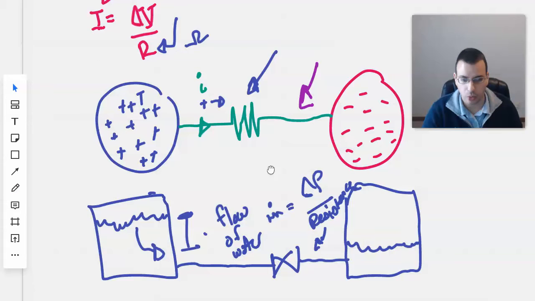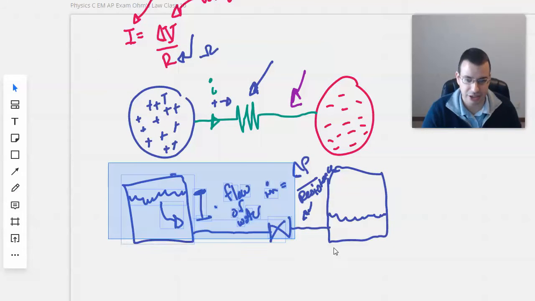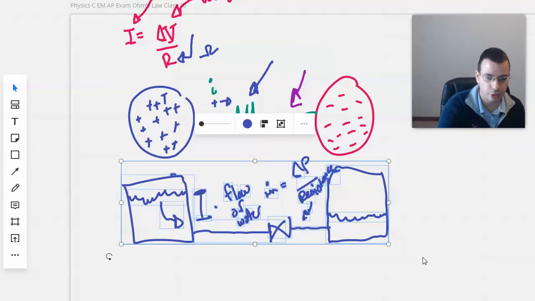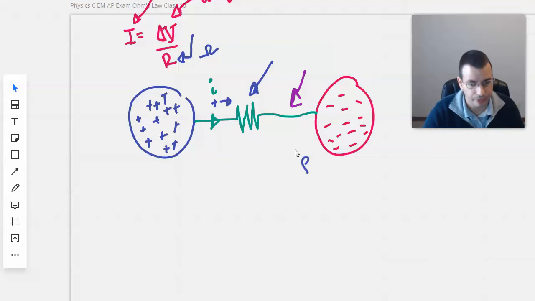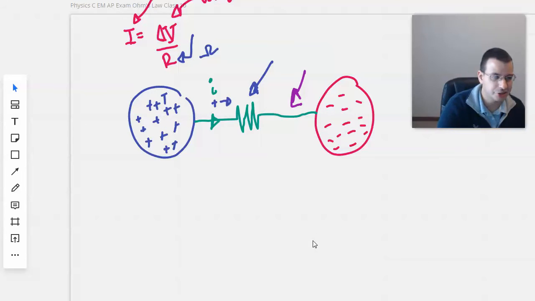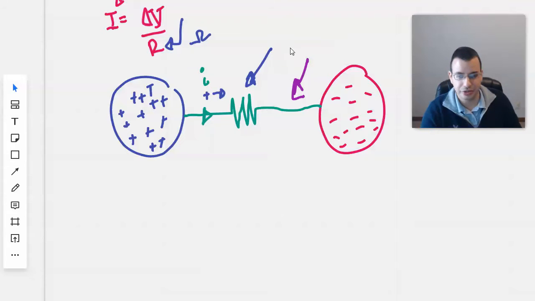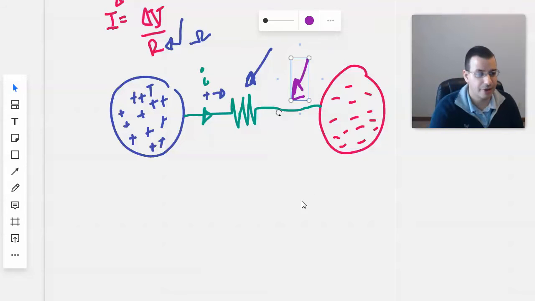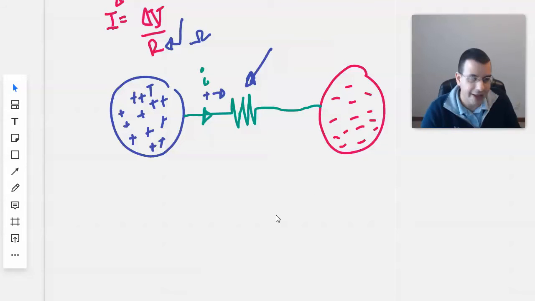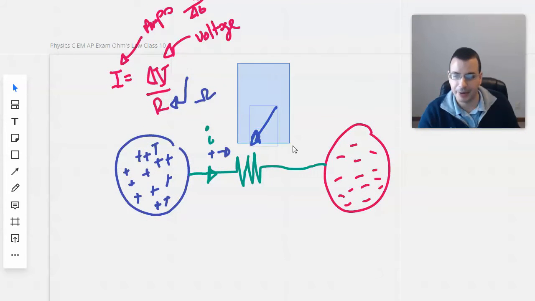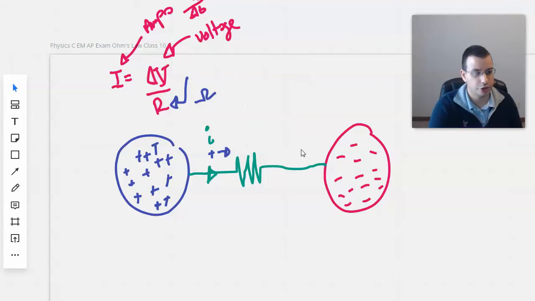Normally when you see wires drawn in electrical schematics like this, it is assumed that the wire offers zero resistance to flow. Just like if you had a pipe, you'd assume that it has very little resistance to flow, which is not entirely true. Pipes have a significant amount of resistance to flow, and to an extent, wires have resistance to flow as well. It depends on how far you're going how much it's going to matter.